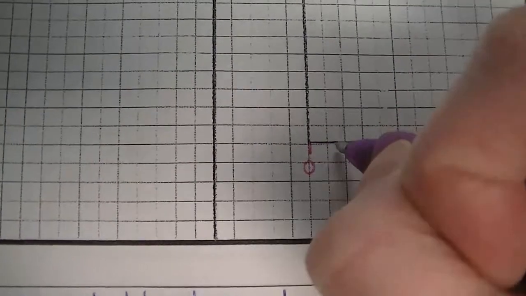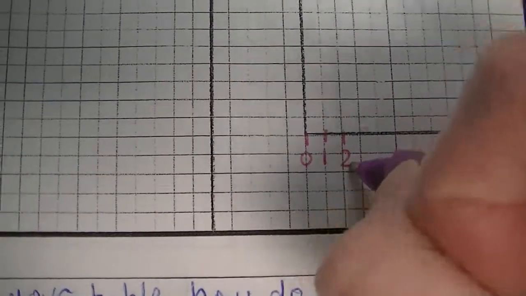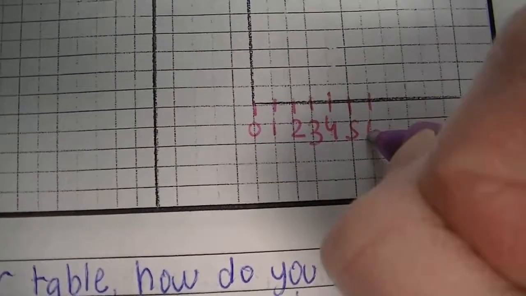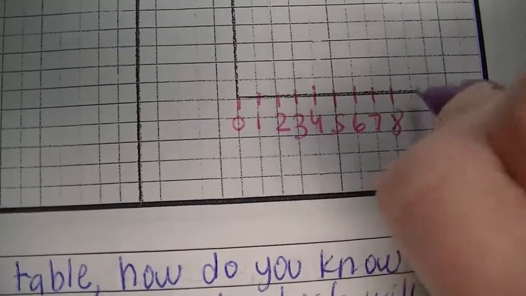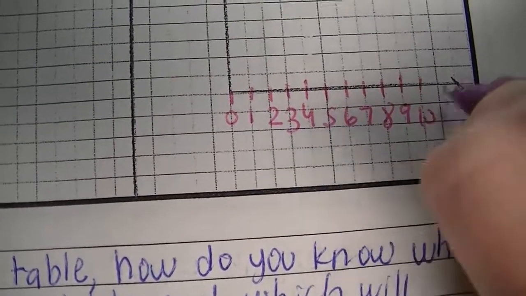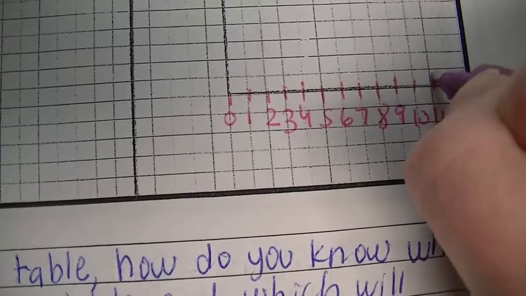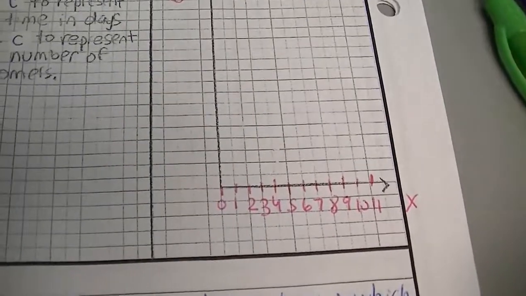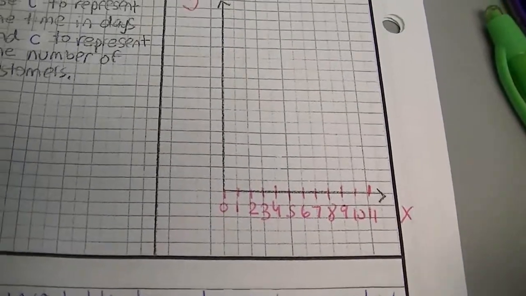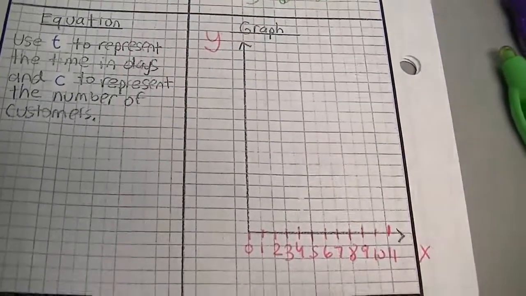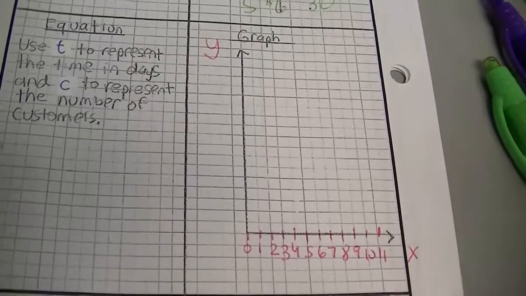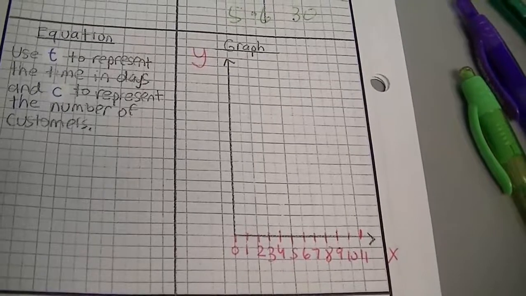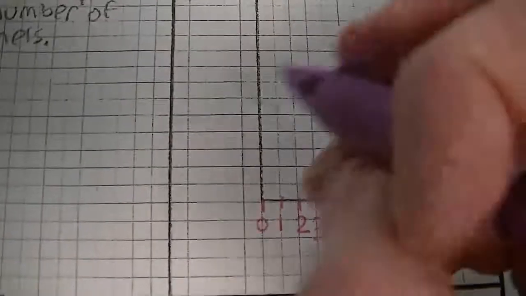That's 0, 1, 2, 3, okay, and then for the y-axis, it's the easiest to count by your unit rate when you're setting up your numbers, okay? You don't have to, but since you have to count consistently anyway, I would just count by the unit rate. You don't have to.